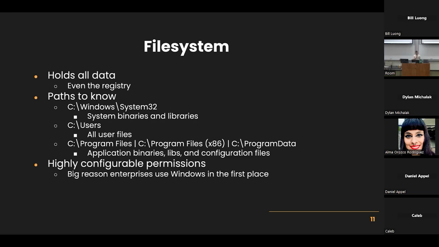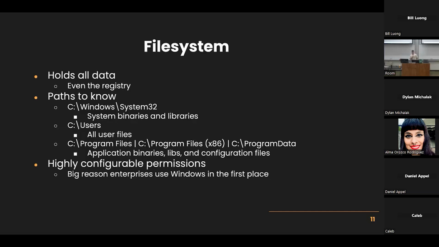All the examples here are on the C drive, and it also uses backslashes instead of forward slashes. And the last important thing is, unlike Linux, Windows is not case sensitive. So if you do C, lowercase windows, lowercase system32, it's going to bring you to the exact same place as if it was all capitals, which you can't really do on Linux.